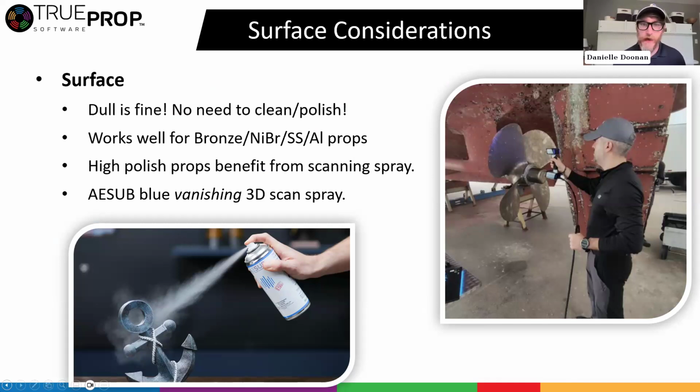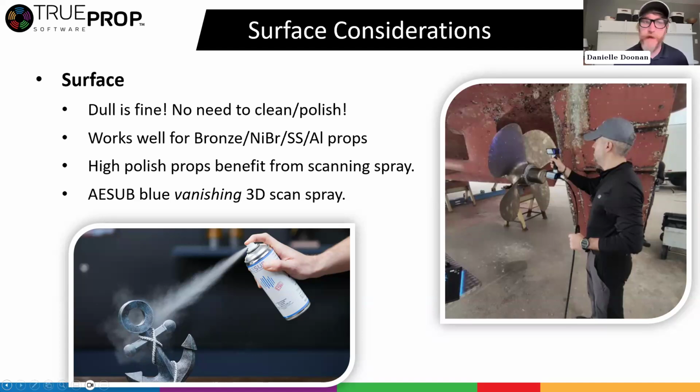Let's talk about approaching a project and what we might have to do. The first thing is the surface of the prop. A shiny surface is harder to scan than a dull matte surface or even a really dirty surface.